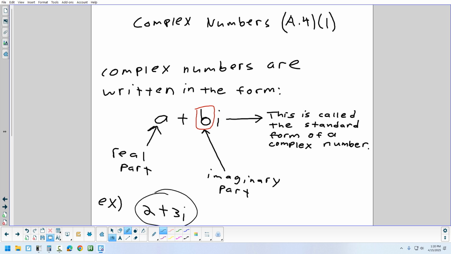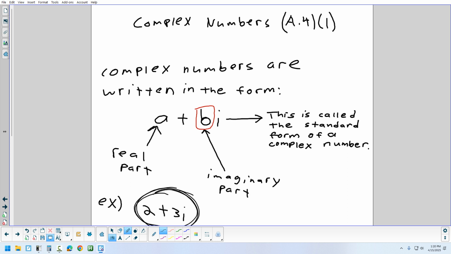You would say 2. The real part of this is 2. The imaginary part is the number in front of the i. So for this one, what number is in front of i? 3. So the imaginary part is a 3. Real part's 2, imaginary part's 3.